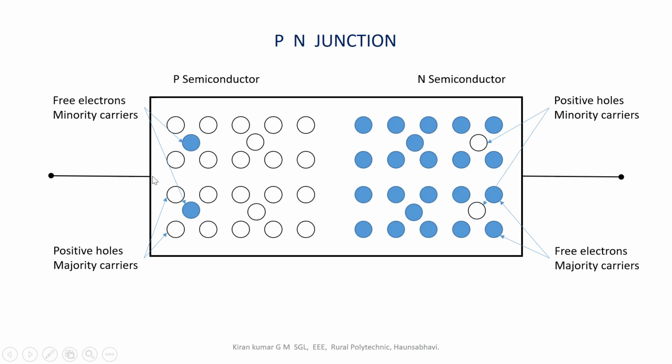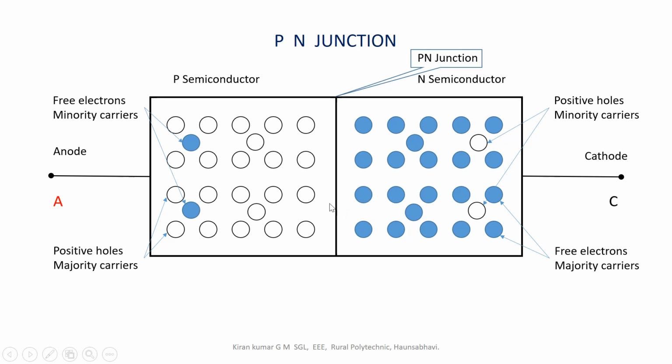The terminal which is extended out from this p semiconductor region is called the anode, the positive terminal represented by A. The terminal which is taken out from the n-type semiconductor region is called the cathode, C. The area in between the p semiconductor and the n semiconductor region is called the p-n junction.